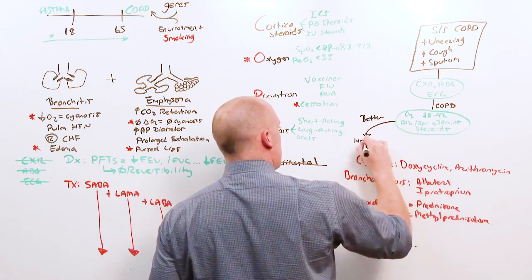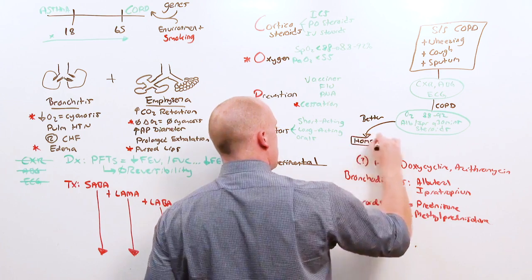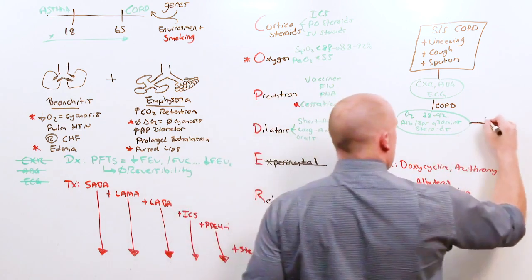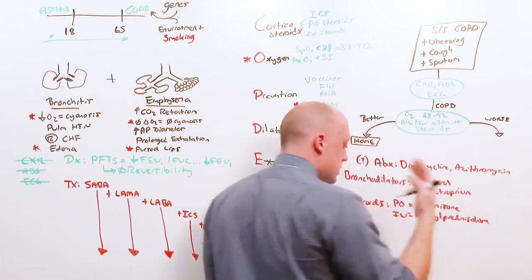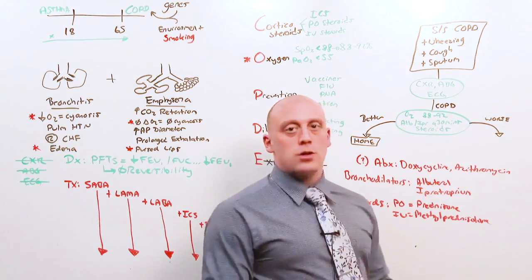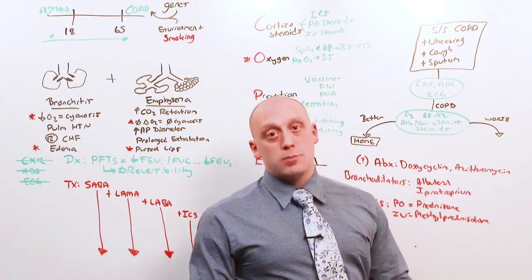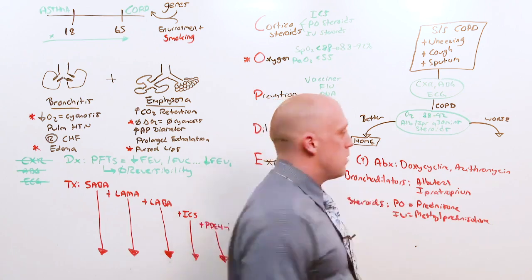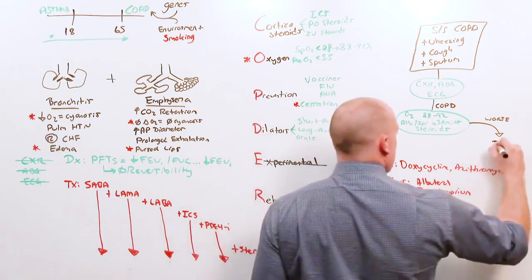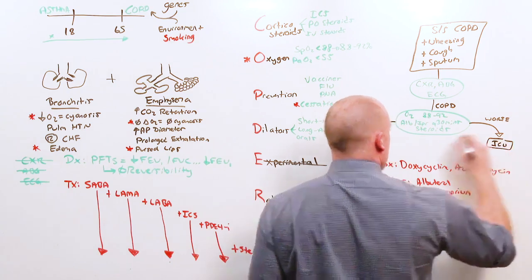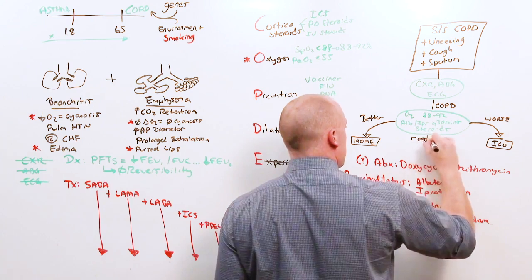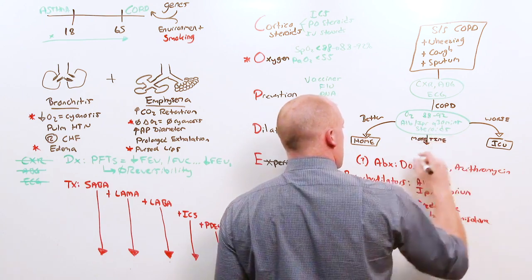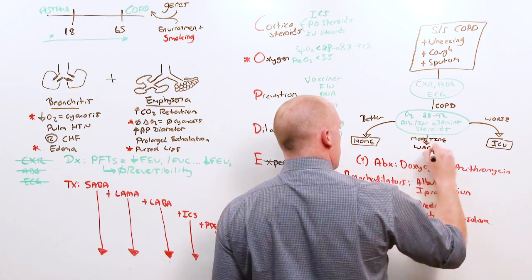They go home. Do they get worse? Worse is represented by rising CO2, confusion, absence of wheeze in the absence of lung sounds. That person goes to the ICU. Or do they just need more time? If they need more time, they go to the wards.